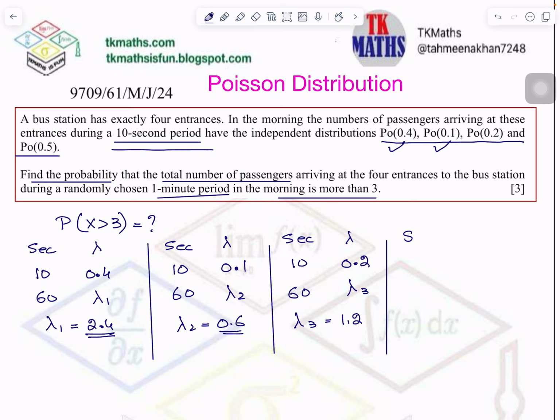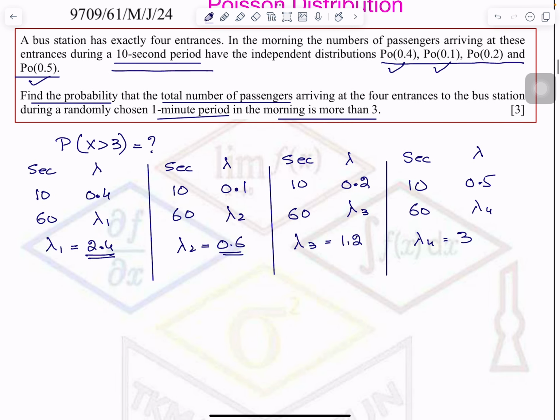And now for the last one. Now it is 0.5 given to you here. So in 10 seconds at that entry, it is 0.5. So for 60 seconds, which is equal to 1 minute, what will be your lambda? 60 times 0.5 divided by 10 is 3. Now you know the lambda for each of the 4 entries, and the question is asking for the total number of passengers.